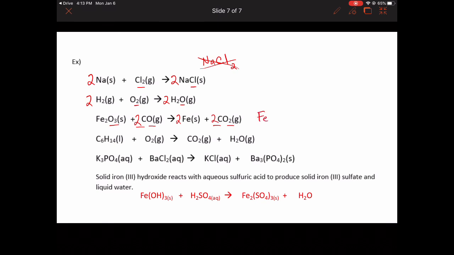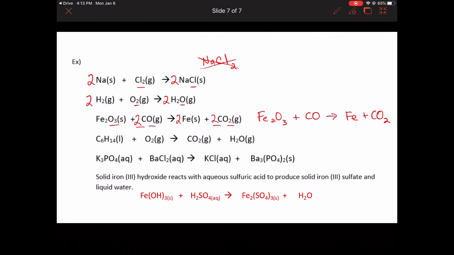Fe2O3 plus CO yields Fe plus CO2, and the physical states don't really matter for balancing, as far as balancing is concerned. Let's think about maybe what we could do. We want to get our oxygens on the left, in this case, to an even number, okay?